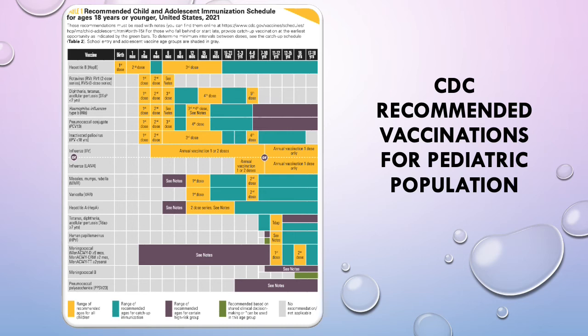Babies are immune to some diseases when they are born because they have antibodies from their mothers. But this immunity only lasts a few months, and they really don't get enough protective antibodies against, for example, diphtheria, whooping cough, polio, tetanus, hepatitis B, or Haemophilus influenza.